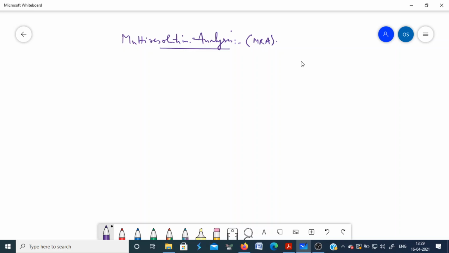Okay, we were discussing wavelets in the previous class. We have seen how this wavelet system is analogous to your Fourier series.